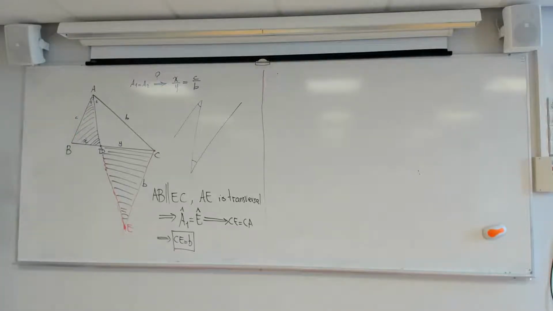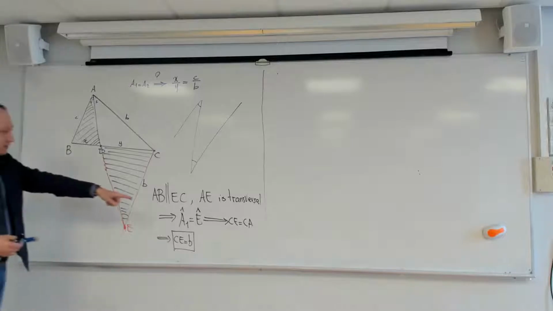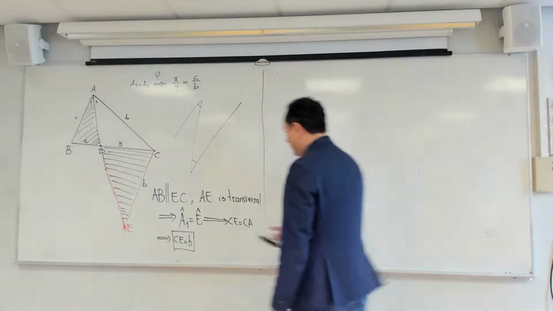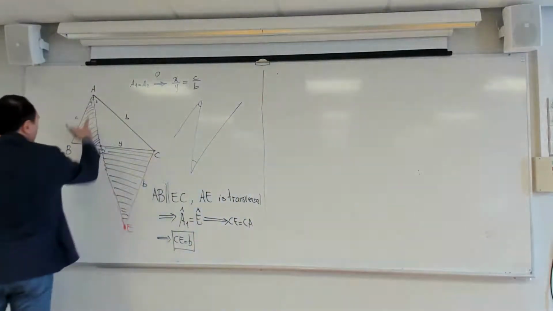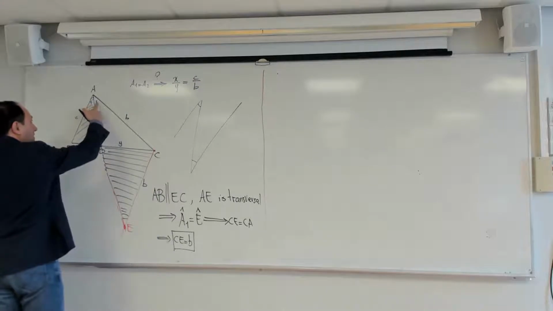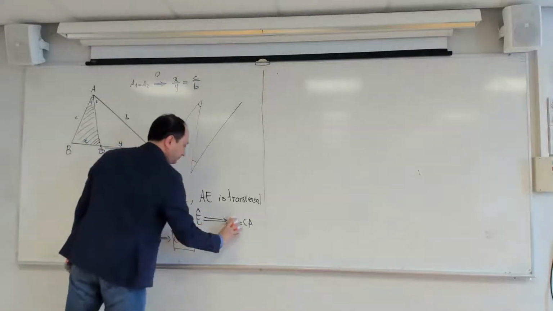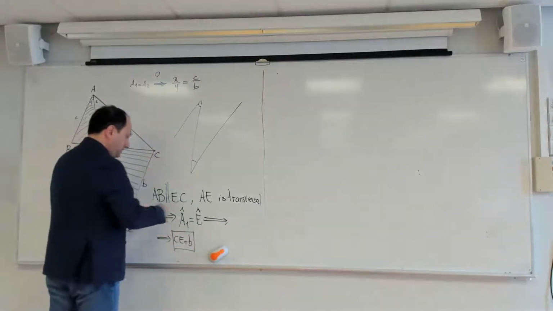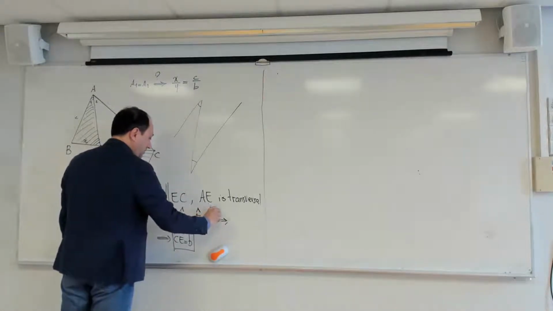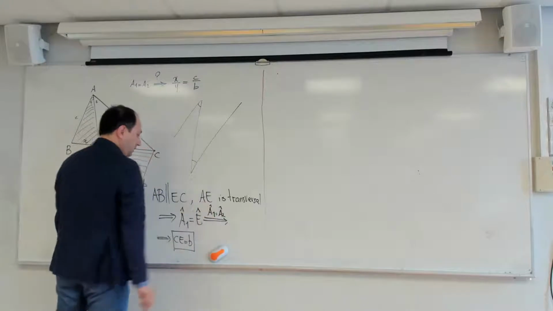Okay, so I was a little bit careless. It was correct, but it is not finished yet. I don't know why you didn't say something to me. So A1 and E are equal, but I need to write it down. A1 is equal to A2. I just was in a hurry. So A1 is also equal to A2, and I have to use it.